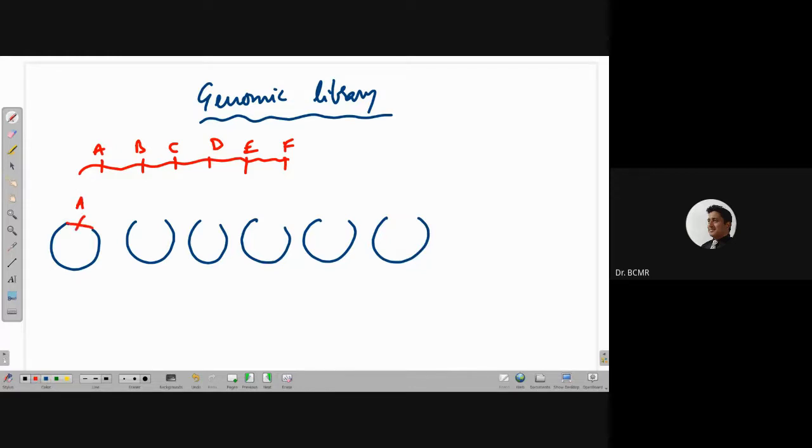One should have A, one should have B, C, D, E, and F.